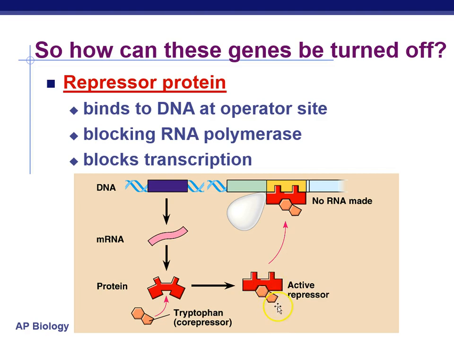Remember, that's a conformation change. And then it does fit into the operator and blocks transcription, which makes sense because if we have tryptophan present, we don't want to have to spend energy making those enzymes. So the tryptophan will bind into the repressor, then the repressor will bind into the operator, and then block RNA transcription by blocking the RNA polymerase.